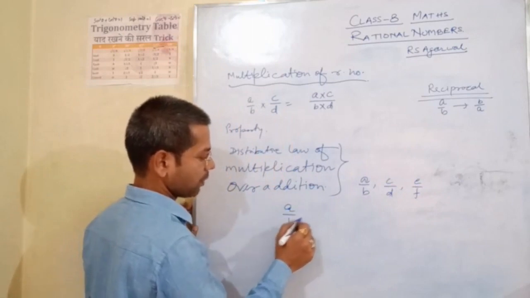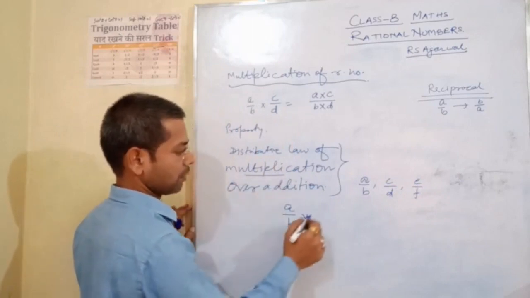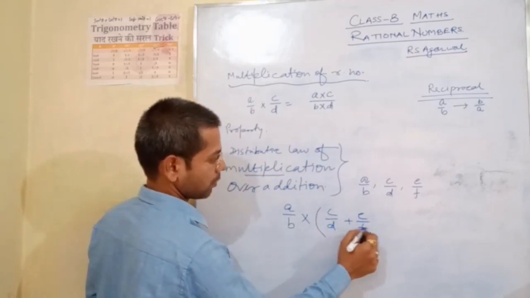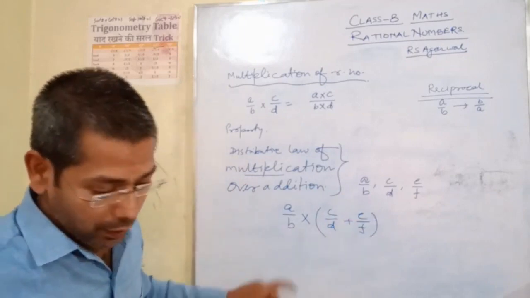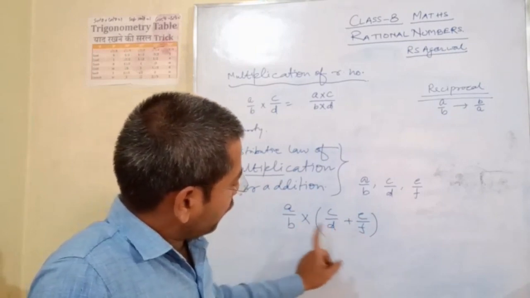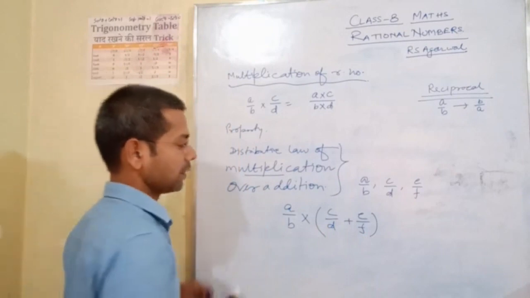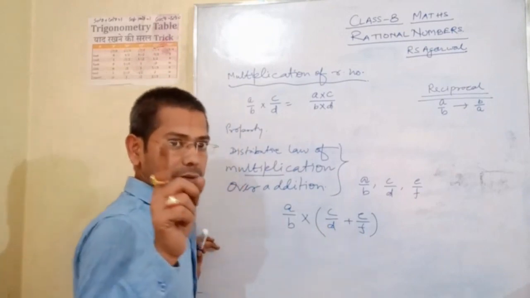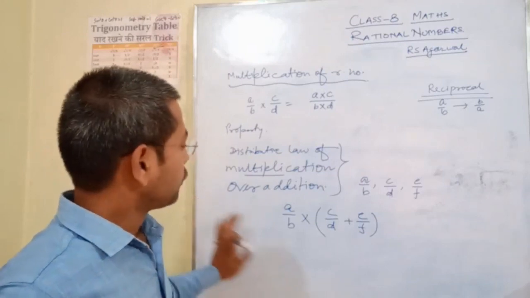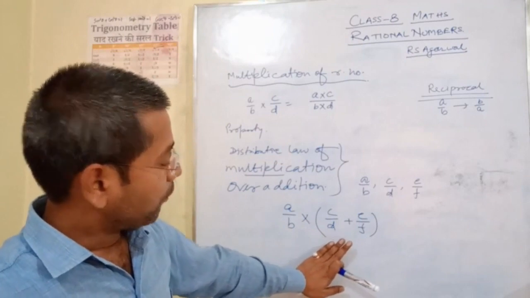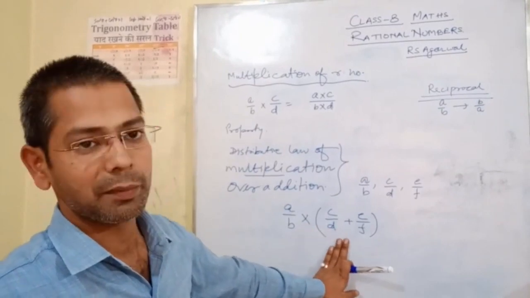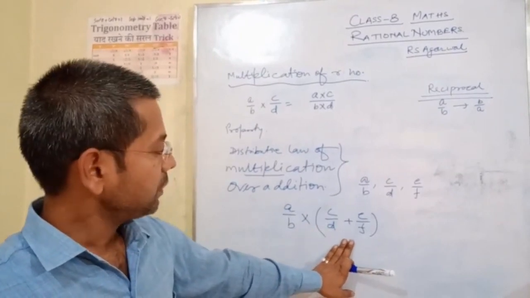The first number is multiplied over the addition of the other two rational numbers. Understand? a upon b will multiply over the addition of the two rational numbers in this way. We apply the BODMAS rule, which you must have studied in class 6. The multiplication outside the bracket is multiplied inside the bracket.